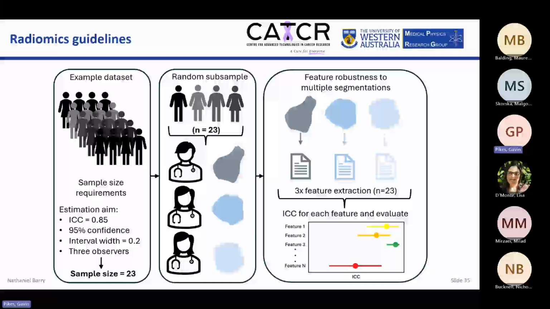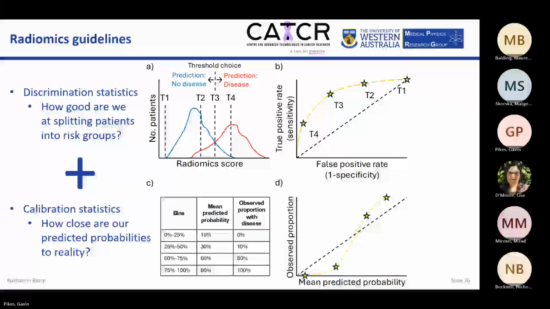So I won't go into too much detail because we're running out of time, but these guidelines include looking at how to conduct an inter-observer variability study for looking at multiple segmentations, how to properly interpret discrimination statistics, and also the other side of the puzzle in terms of model performance, which is calibration statistics, basically how close are our predicted probabilities to reality in patients.